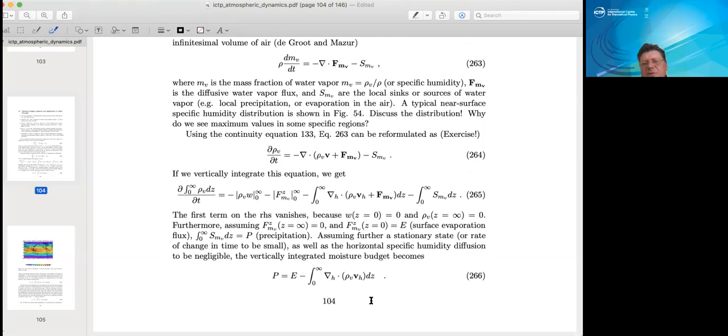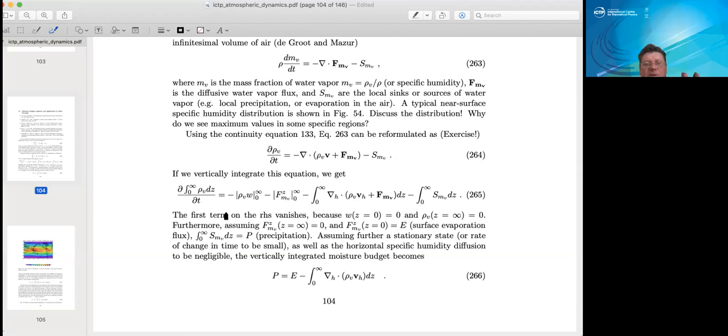This is for the stationary state, because you can imagine a situation where we have a strong convergence of moisture. We assume here that if there's no evaporation, that immediately has to be balanced by precipitation. Of course, for some time, you could have some storage of that moisture in the atmosphere. But we have assumed, because of the stationary state conditions, that this is not the case.